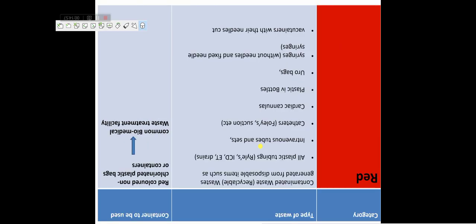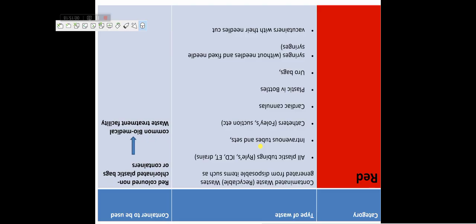Now coming to the red bag category, what do we keep in the red bags? Here we keep contaminated recyclable waste generated from disposable items such as plastic tubings, ICD, ET, drains, rails, right?